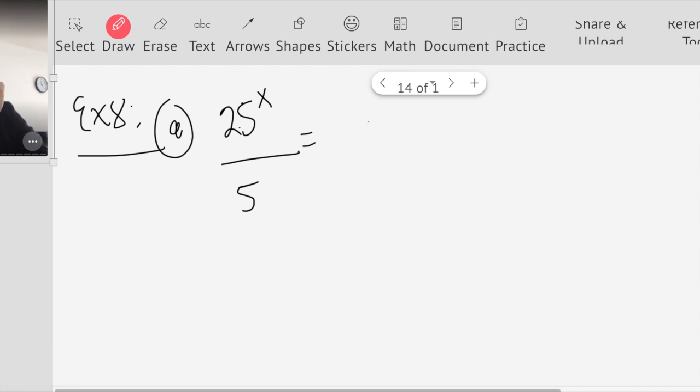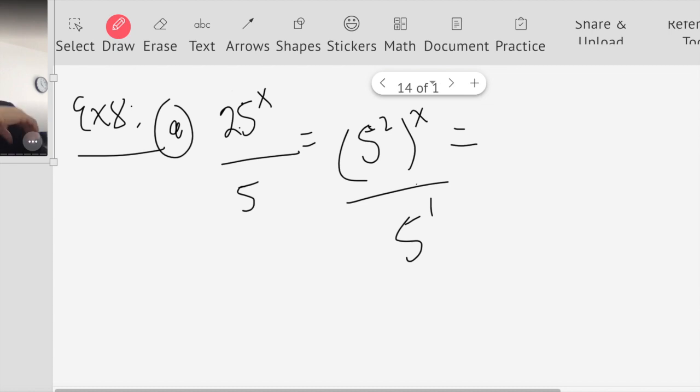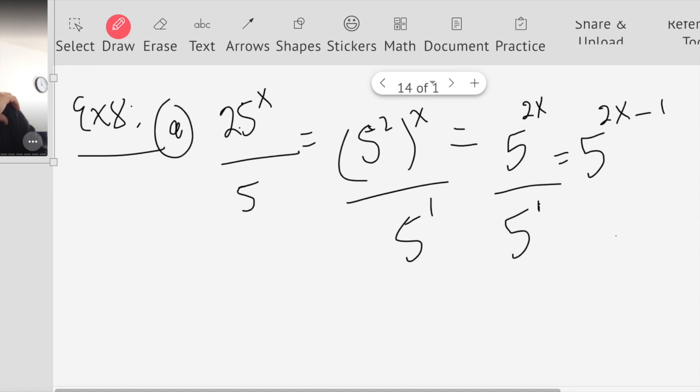So it'll be 5 squared to the x, and then 5 to the 1. This is 25, we just wrote it with the same base, base 5. And then we multiply 5 to the 2x, we multiply this 2 and x, divided by 5 to the 1. Same base, so we can subtract the exponents. 2x minus 1, and that's it. That's the final answer.